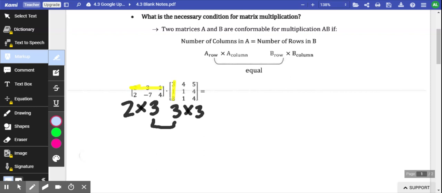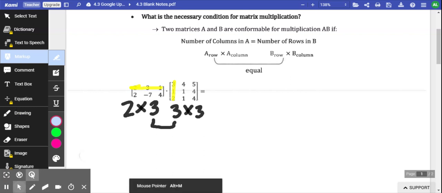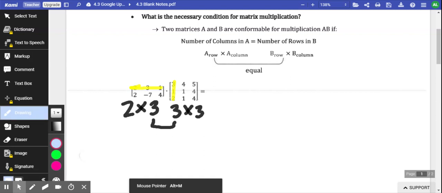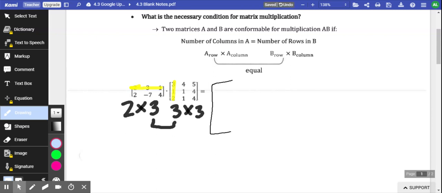So how you do that is 2 times 3 is 6, and then you have 3 times 1 is 3, and then you have 1 times 2 is 2. So that is what you will do for your first element in your matrix.